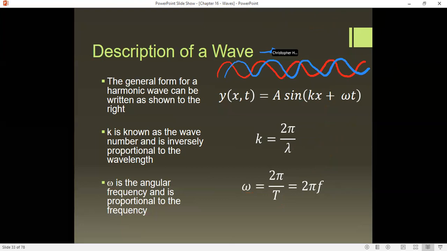So that's a nice thing about that function right there. Again, it's the simplest type of wave, either a sine or a cosine. It is a component which causes it to oscillate in position. It's a component that causes it to oscillate in time.